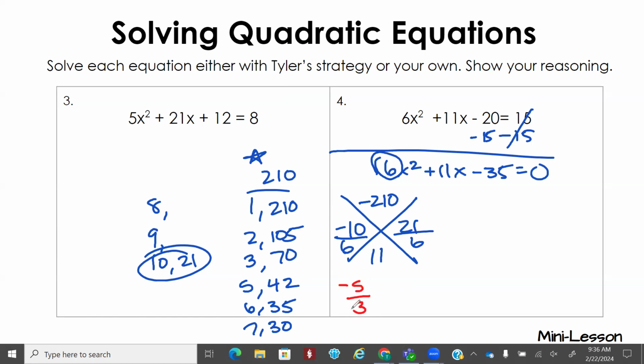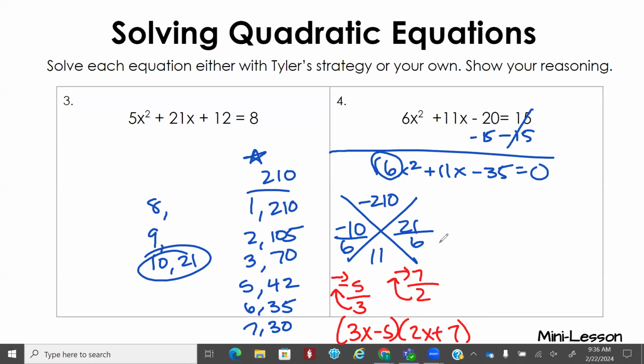That's still a fraction. So we're going to move that up, push that guy over. So this is going to give me 3x minus 5. 21 and 6, they're both divisible by what? 3. So that's going to give me 7 over 2. And we're going to push that up, push that guy over. So 2x plus 7. If you don't simplify, you get the wrong answer. Like if you just push this up to the top, it would be wrong.